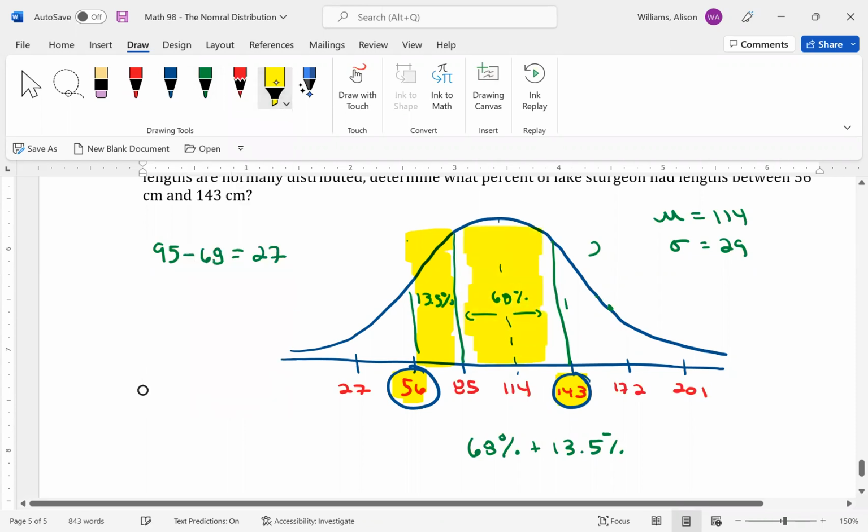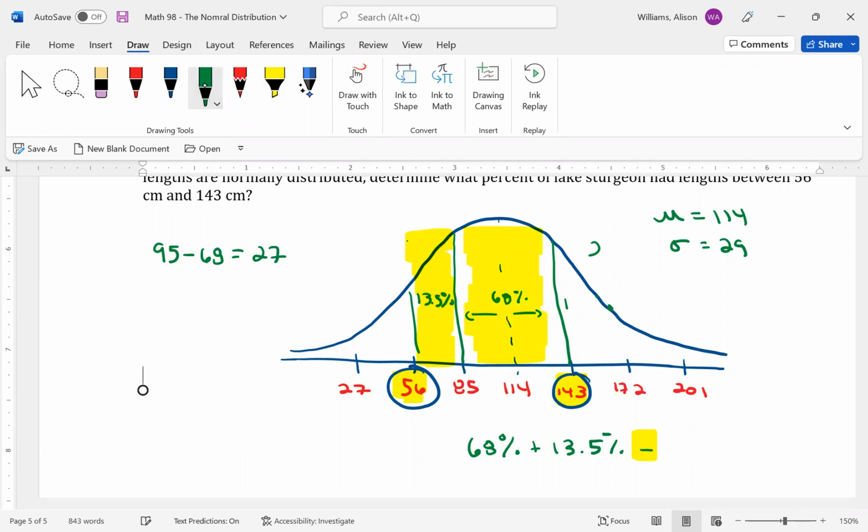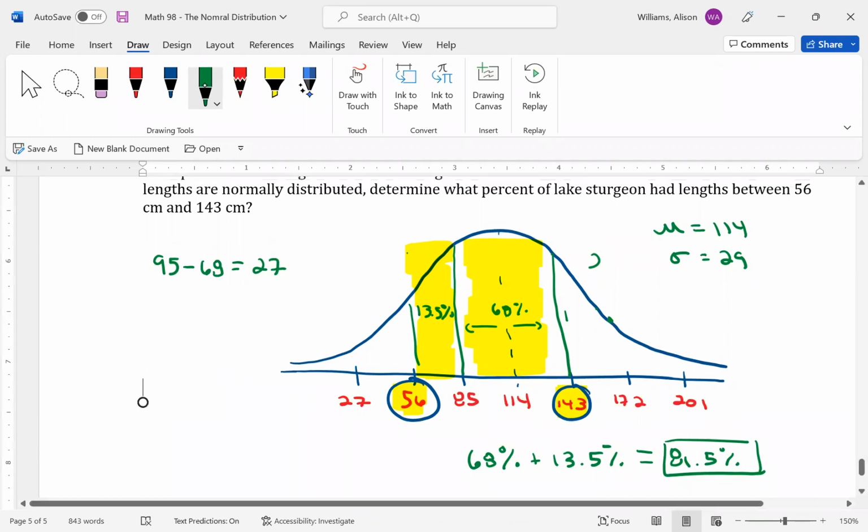So this plus that is going to be the percentage. So plus 68, and I get 81.5% of data are between 56 and 143. So the lengths of this sturgeon, 81.5% lie between those two lengths, 56 centimeters and 143 centimeters. And that is the normal distribution.